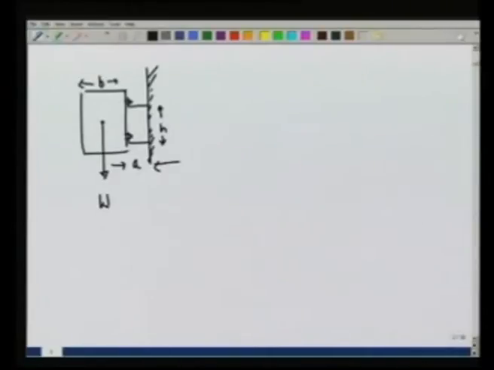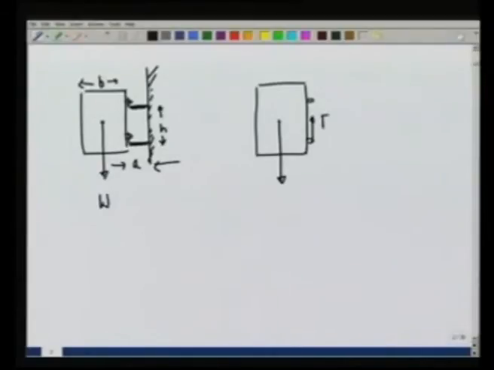We want to find the forces that are being applied by the wall on these supports, assuming that the entire weight of the gate is borne by the lower support. So, let us see how the gate is being supported. If I look at the gate, it has a weight pulling it down, then the entire weight is being supported by the lower support.